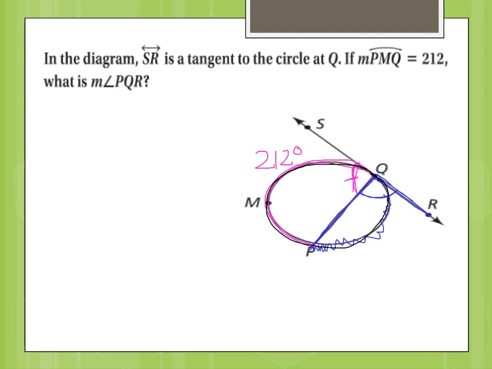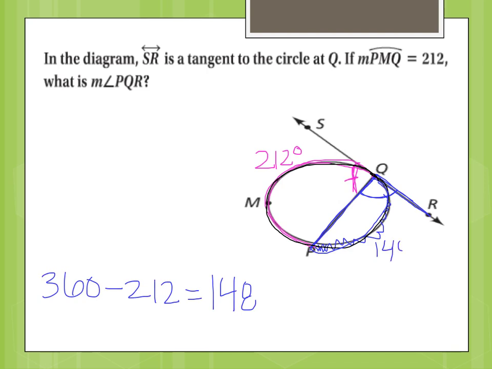Well, I only really want to know what arc PQ is equal to. So I'm going to take 360, because that's my whole circle, minus 212. I'm subtracting away the pink part. So then my arc is going to be equal to 148. That's what this arc is equal to.